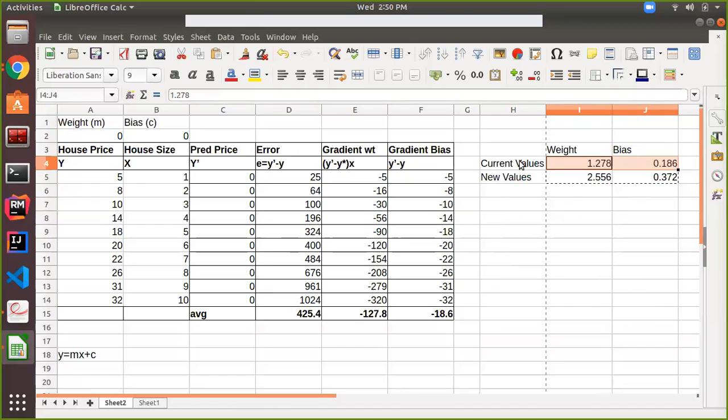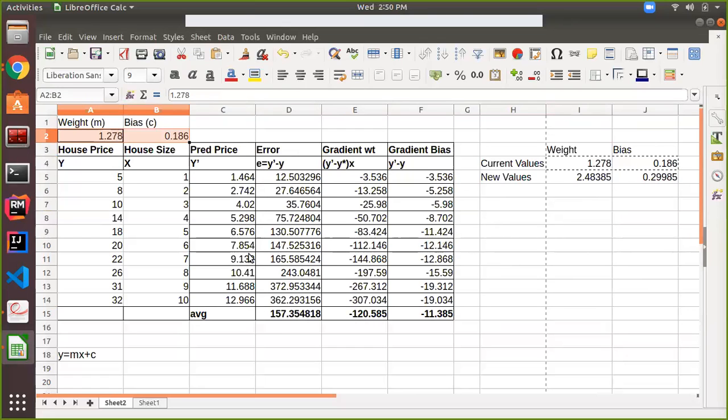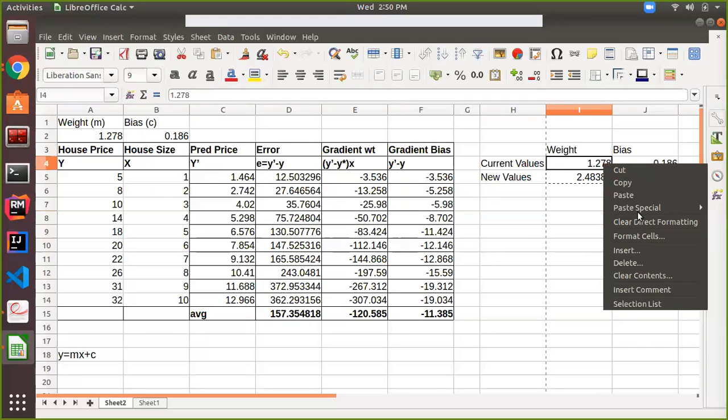Okay, now the same values I will copy to the formula here. So as you can see, now error rate is 157.34. So it reduced now. Now as soon as you put these values here, we get the new values for new weight and bias. So again we'll repeat these steps, copy this and paste over here, make it as current.